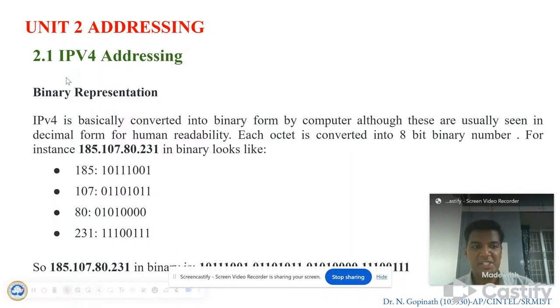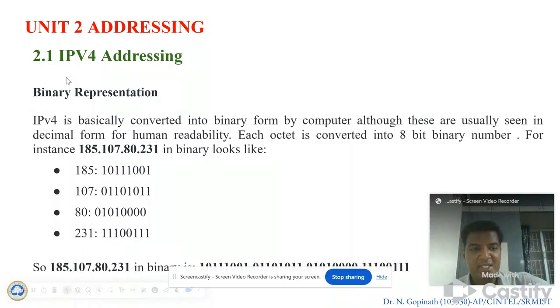Binary representation. IPv4 is basically converted into binary form by the computer, although these are usually seen in decimal form for human readability. Each octet is converted into an 8-bit binary number.